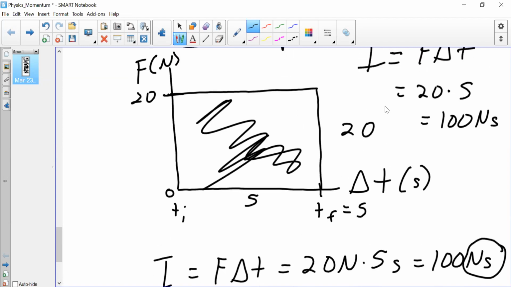But in reality, it's going to be something like that. And in order to really treat that properly, we'd have to use calculus to get the actual impulse. But we're keeping things simple on the first level by doing the stuff in a black box. Just keeping it simple right there.